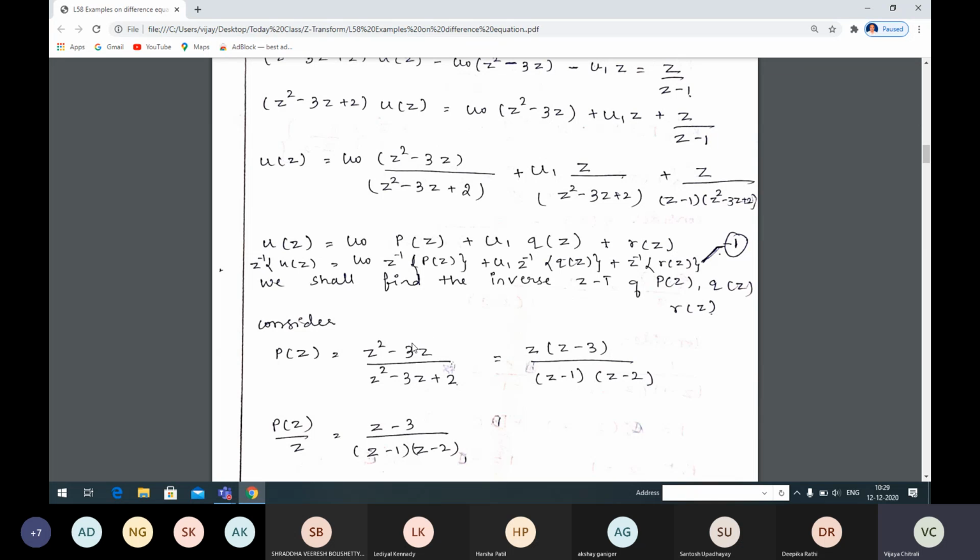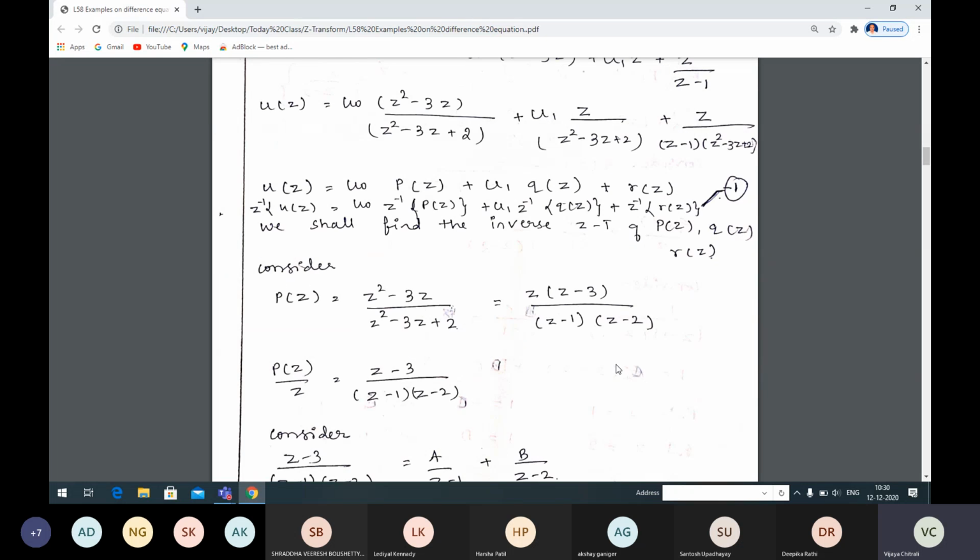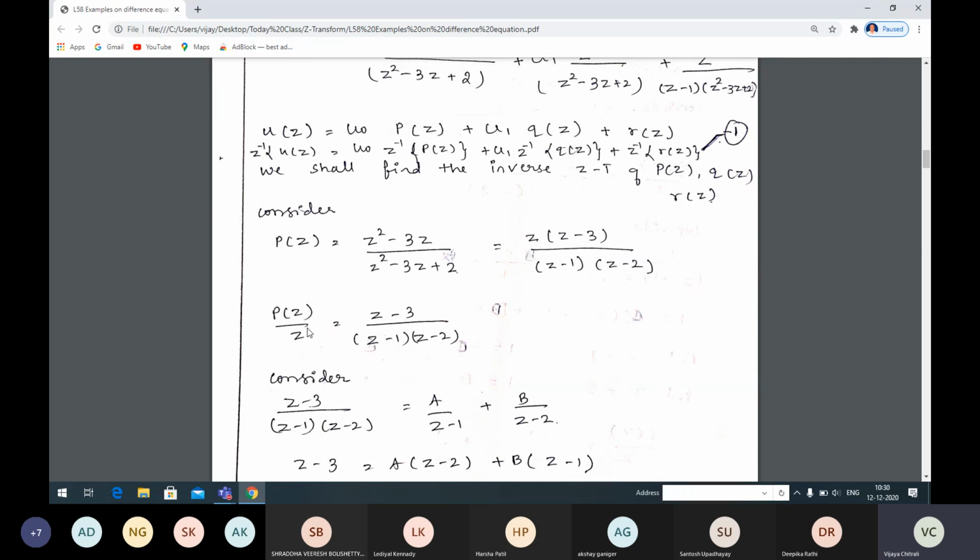Means we can write this z square minus 3z as, taking z as common, z into z minus 3, divided by z square minus 3z plus 2 as z minus 1 z minus 2, right? So this is p of z. Take this z from RHS to LHS. So p of z divided by z is equal to z minus 3 whole divided by z minus 1 z minus 2.